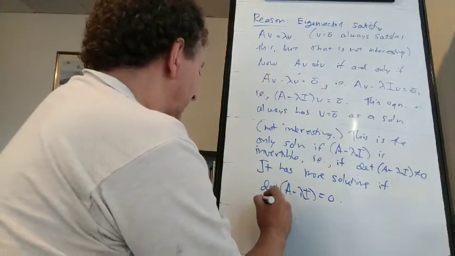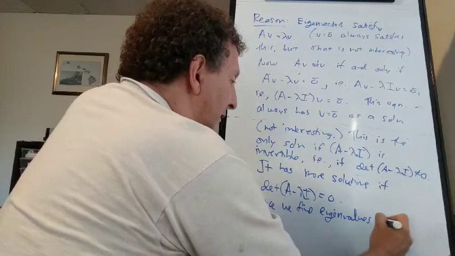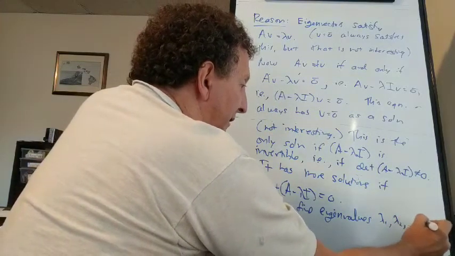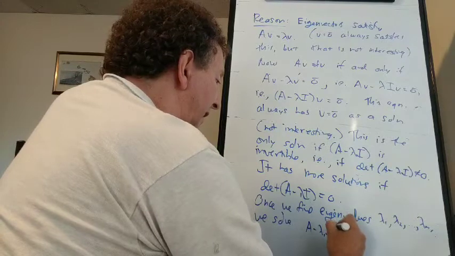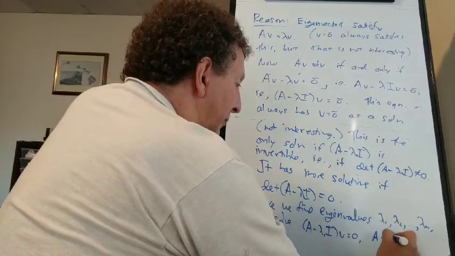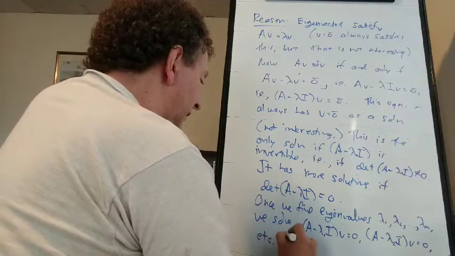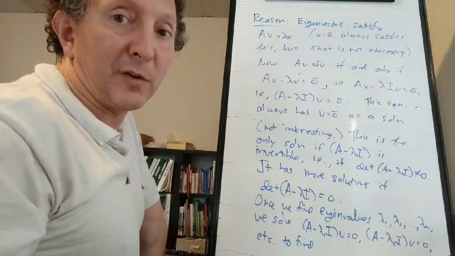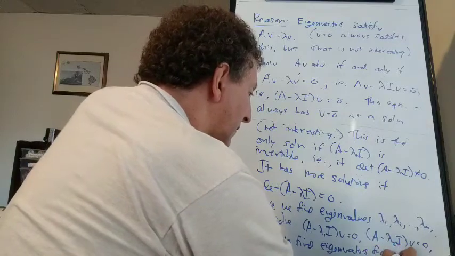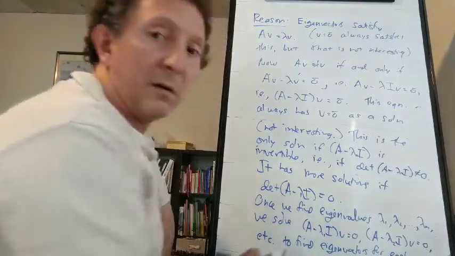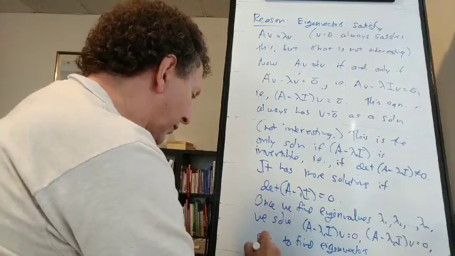So then once we find eigenvalues, let's say lambda 1, lambda 2 up to lambda n, we solve A minus lambda 1 I times V equals 0, A minus lambda 2 I times V equals 0, etc. to find eigenvectors for each.